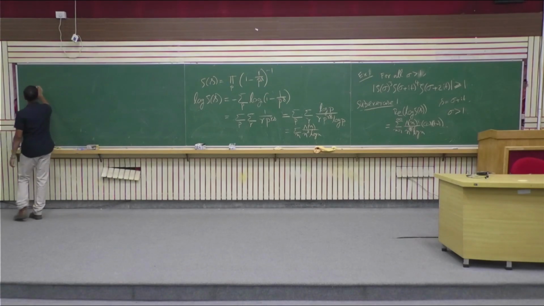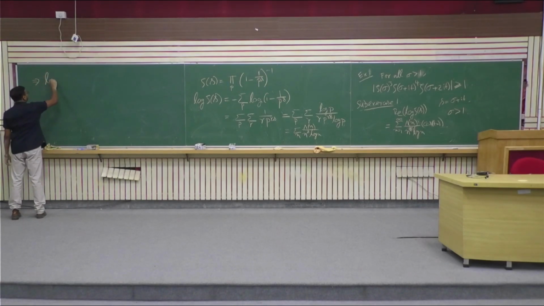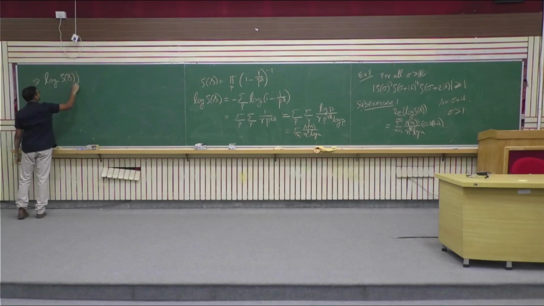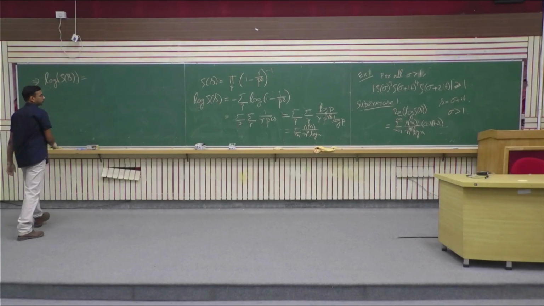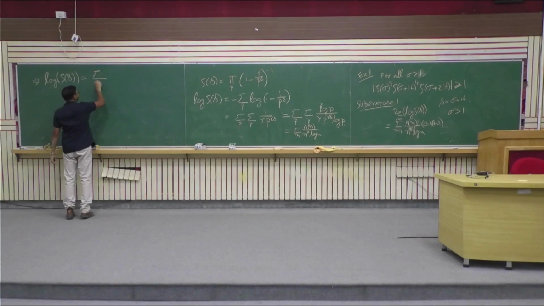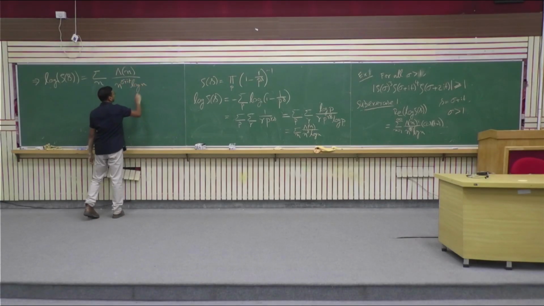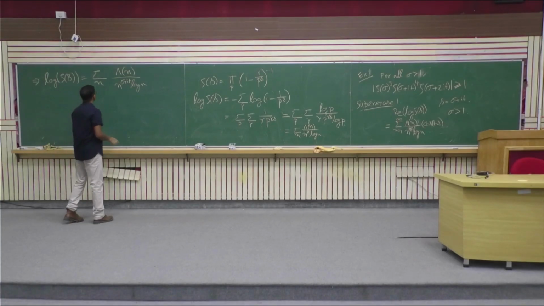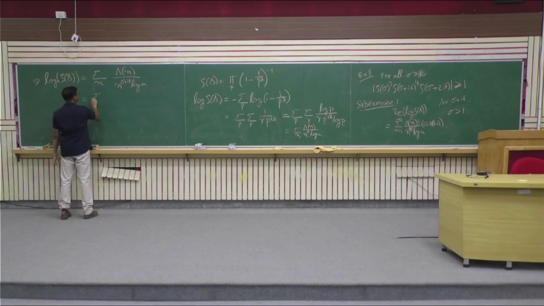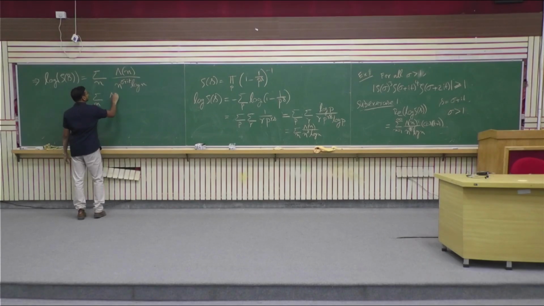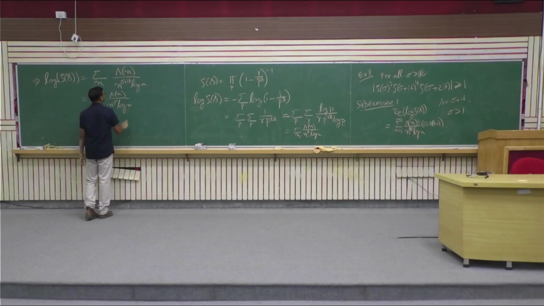That implies that log of zeta s is equal to sum over n, lambda n by n power sigma plus it, log n. And this is sum over n, lambda n by n power sigma, log n, and this one is just n power it, right?